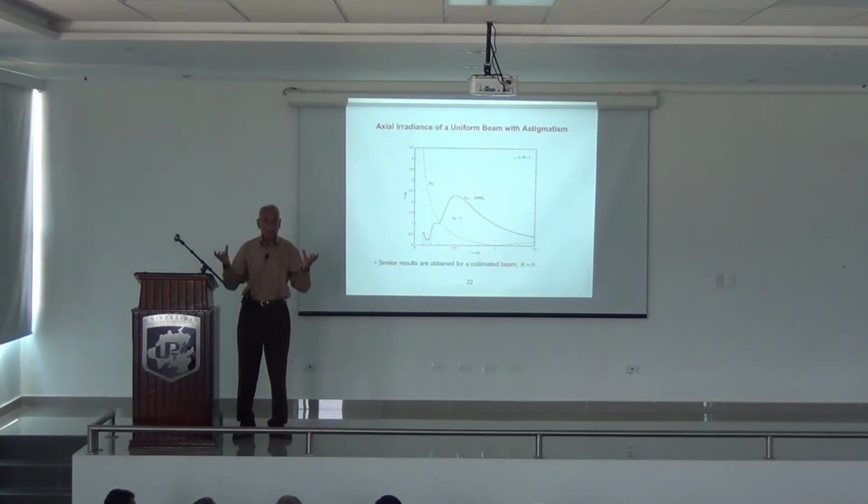A collimated beam, instead of a focused beam, is a real beam. Collimated beam means it is focused at infinity. And what is the Fresnel number in that case? N equals a squared over lambda r.